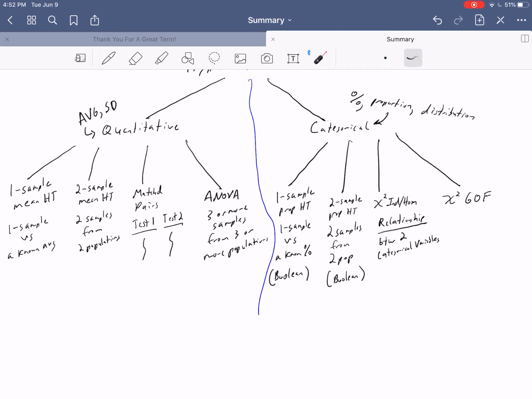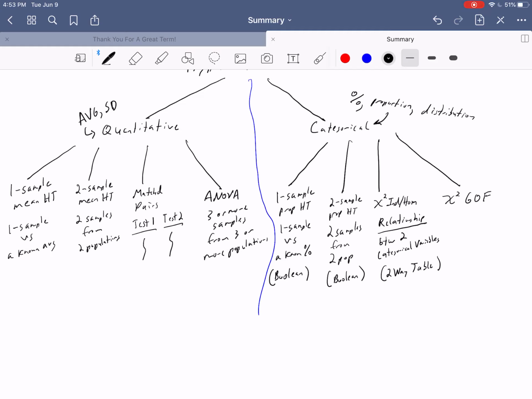And remember that this guy also has a nice easy way of identifying just by looking at the data. This means that we should have a two-way table as our way of holding or presenting the information, because the way that you display information related to 2 categorical variables is in a two-way table. So if you see a two-way table, you know you're doing that chi-squared independence and homogeneity.